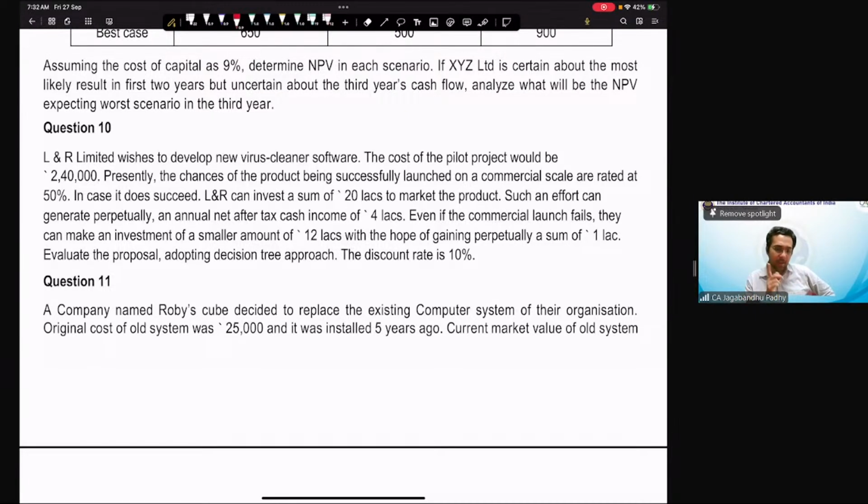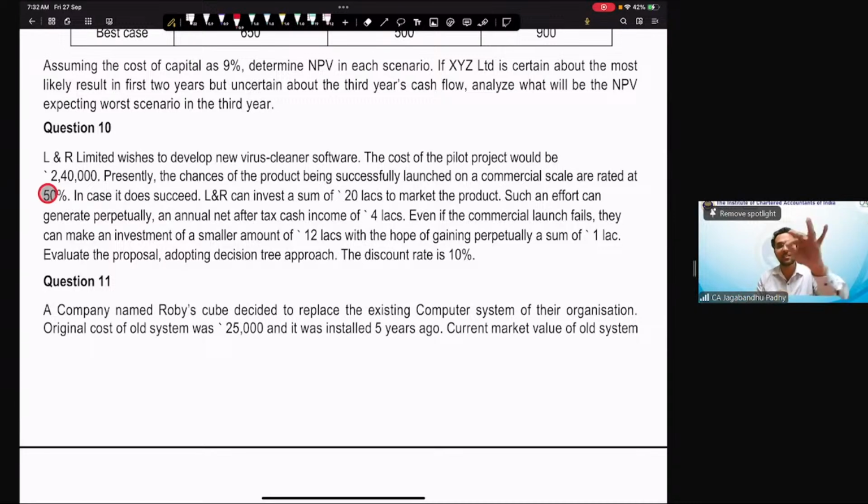But can I say that the project may be successful or it may be a failure? So what is the chance of it being a success? 0.5, right? 50% is the probability of success. What will be the probability of failure, guys? If you have 50% chance of success, what will be the probability of failure? Of course, 50%, right? So we can say either at 50% it will be successful or 50% it will be a failure.